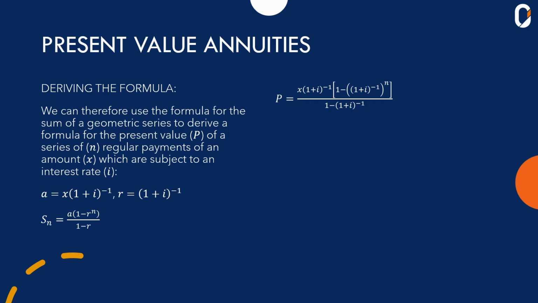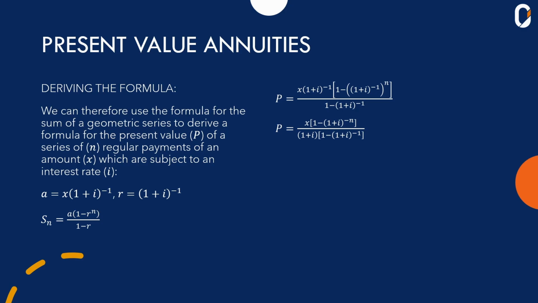And now, doing everything I've just said, I will have P is equal to x multiplied by 1 - (1 + i)^(-n), all divided by (1 + i)[1 - (1 + i)^(-1)]. And this time around, the numerator I'm going to leave alone and simplify the denominator.